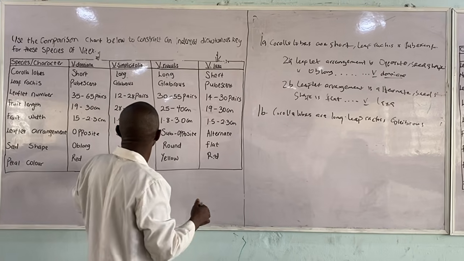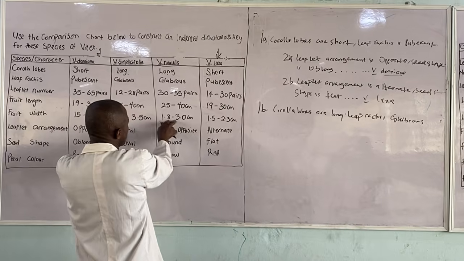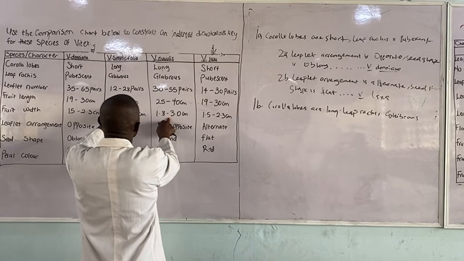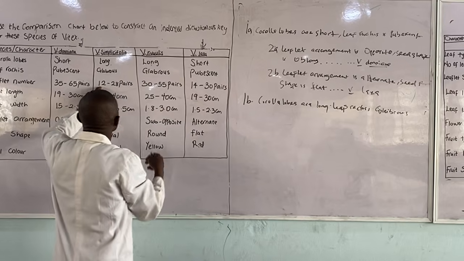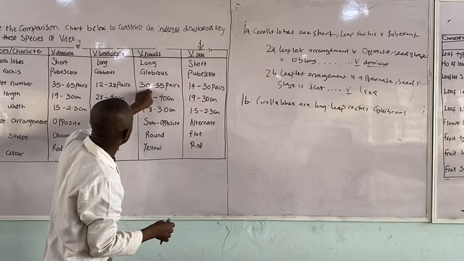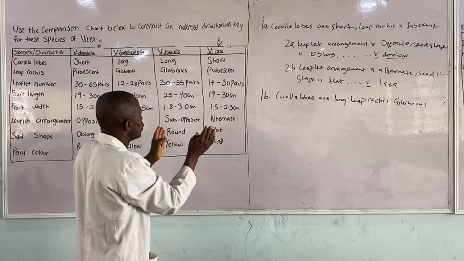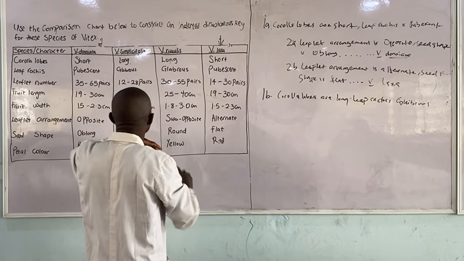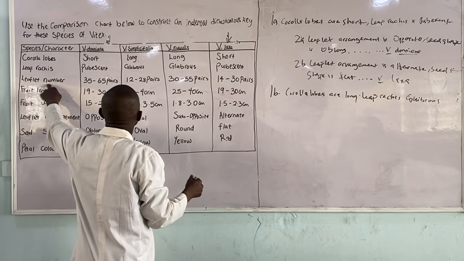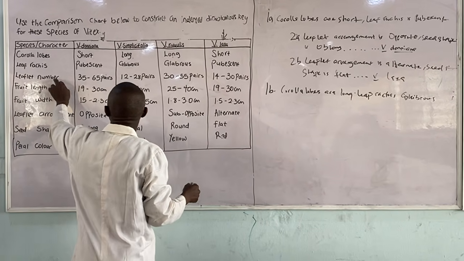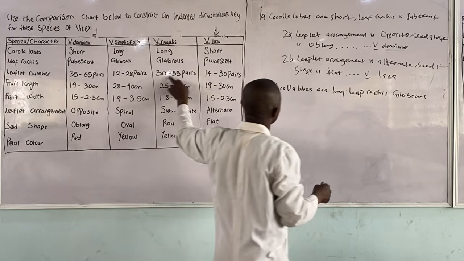For example, you can't use 28 to 40 because they are interwoven. But you can use 12 to 28 pairs, 30 to 55 pairs because they are not interwoven. So you can say leaflet number 12 to 28, 30 to 55.